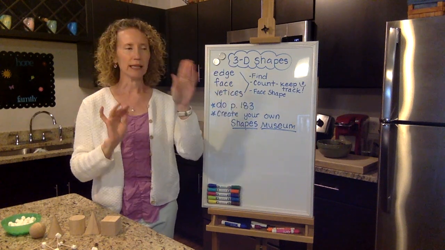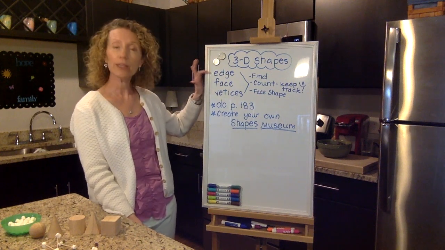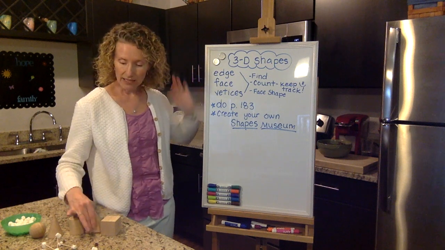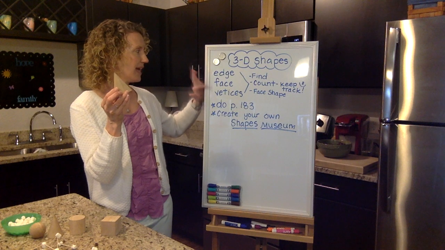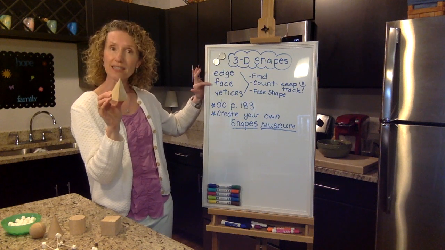Line them up, label them with what they're called. If you want to write a little sticky note next to each one saying, this is a square pyramid. It has 8 edges and 5 vertices and 5 faces.